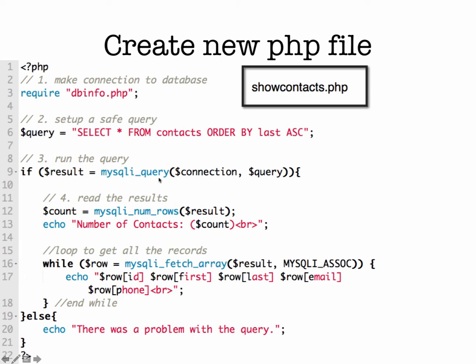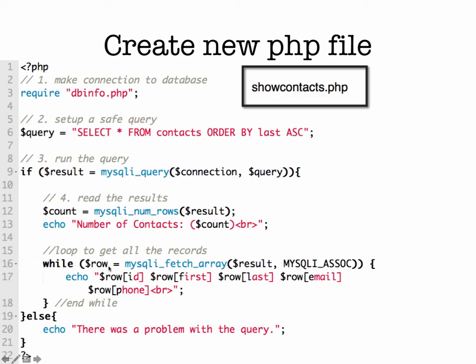If it is successful, then we're going to find out how many things are in result and put that into count, and then display that with an echo statement so we know how many results we had. Then we're going to loop through.